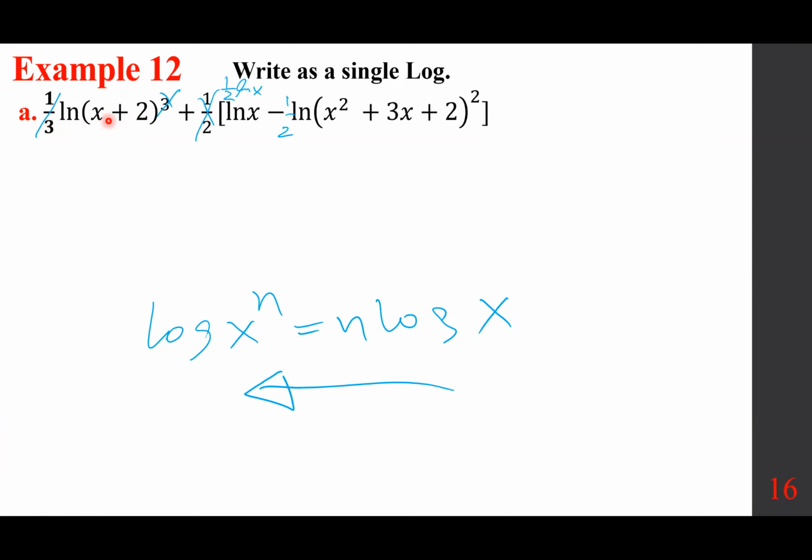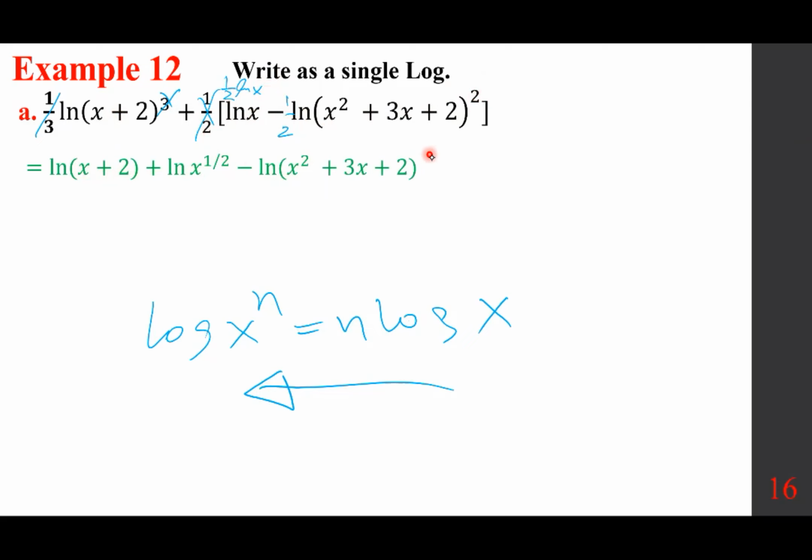This one becomes ln of x plus 2. This 1/2 can become the exponent. Look at this one, the reverse process: ln of x to the power of 1/2. This one, if you put the 1/2 here, 2 times 1/2, they cancel each other. So again, this one becomes ln of x plus 2. This 1/2 becomes the exponent also, but 2 times 1/2 makes it 1.